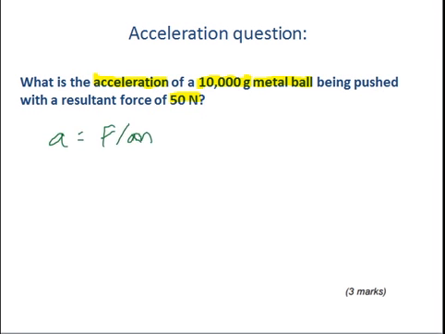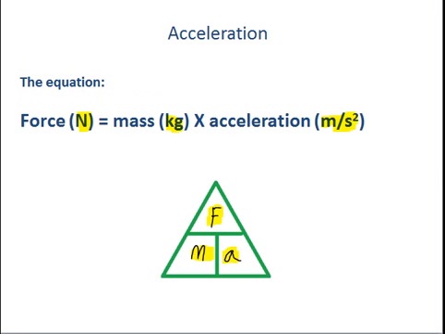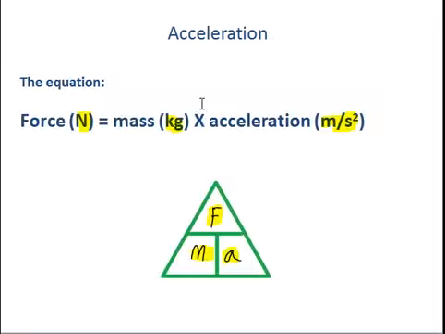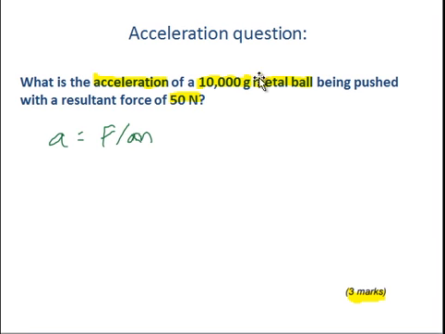We then need to look at the units to make sure they match up, because you can always be tripped up here. Getting the correct units is actually part of the 3 marks. Our acceleration, we know we need to give our final answer in meters per second squared. Our force needs to be in newtons, and it is, and our mass needs to be in kilograms, but we're given it in grams, so we need to do a quick conversion.